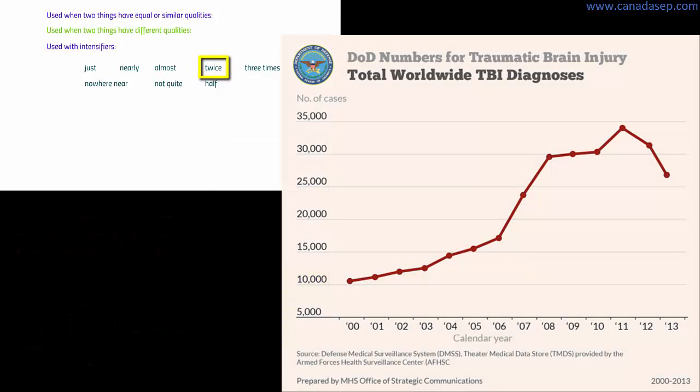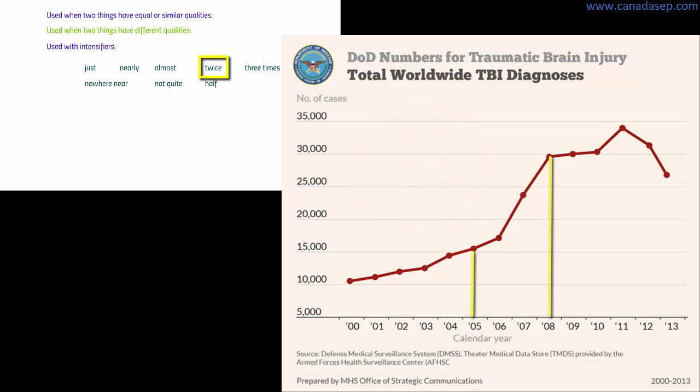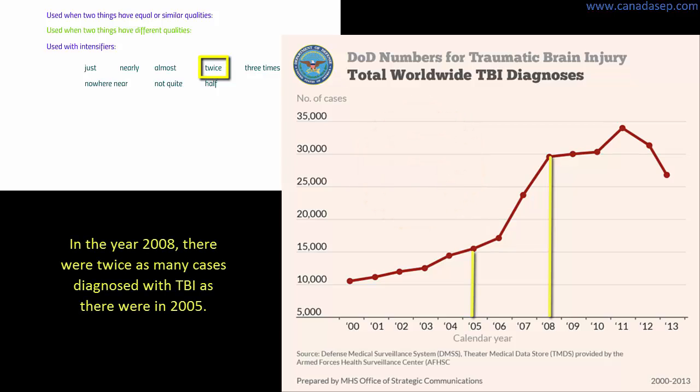Please comment on the number of worldwide TBI diagnoses in 2005 and 2008. In the year 2008, there were twice as many cases diagnosed with TBI as there were in 2005.